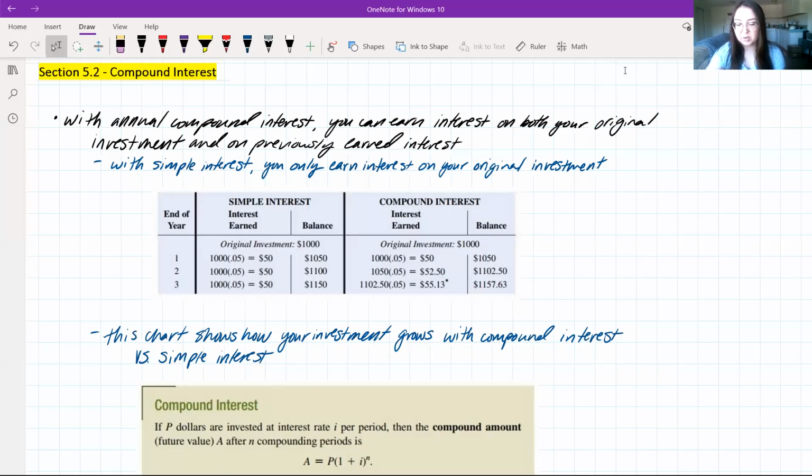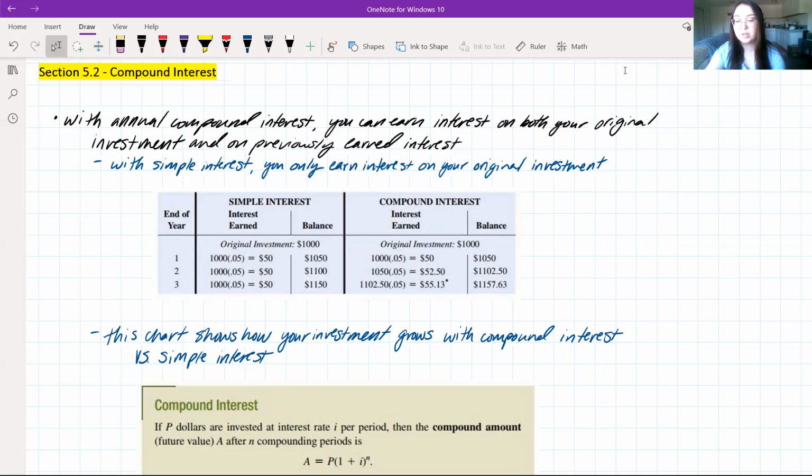And so we can see an example here with our simple interest. If we're earning 5% interest and we originally invested $1,000, then we're going to get an additional $50 every year. But with compound interest, when we have 5% interest, we calculate that first year, which is also known as simple interest since we're thinking about a year or less.